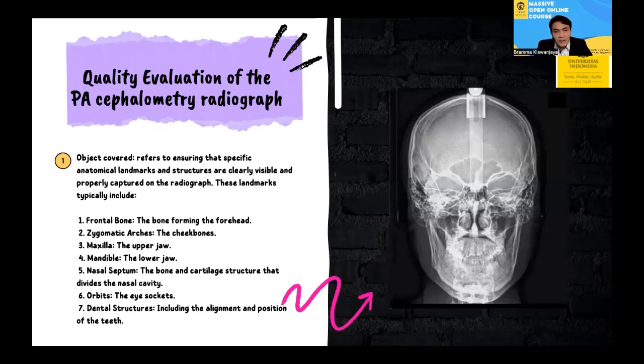The first one is object coverage, which refers to ensuring that specific anatomical landmarks and structures are clearly visible and properly captured on the radiograph. These landmarks typically include the frontal bone, the bone forming the forehead, zygomatic arch, the cheekbone, maxilla, mandible, nasal septum, orbits, and dental structures.